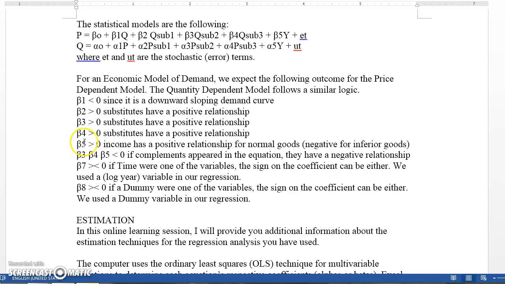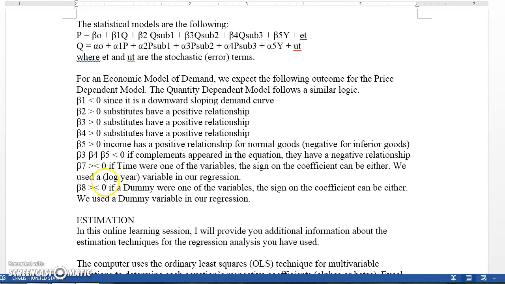We want the sign of beta 5 to be positive, because here beta 5 is for y, our per capita real income, and we would expect income to have a positive impact on the real price of your major commodity in the case that the commodity you picked is a normal product. If you got a negative beta 5, that means the product that you picked, your major product, is an inferior good.